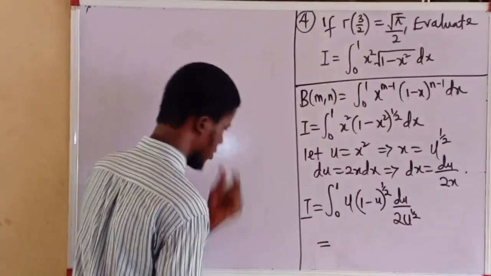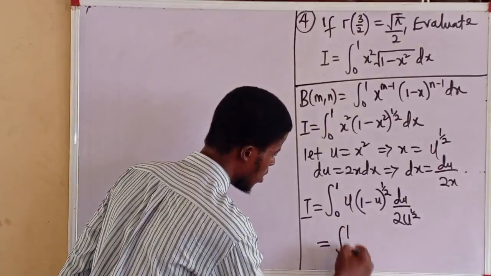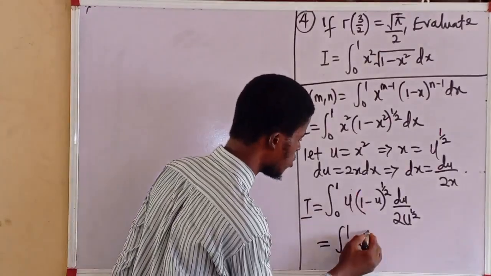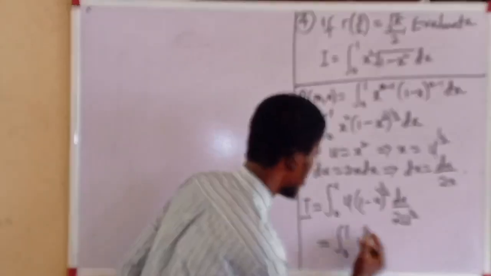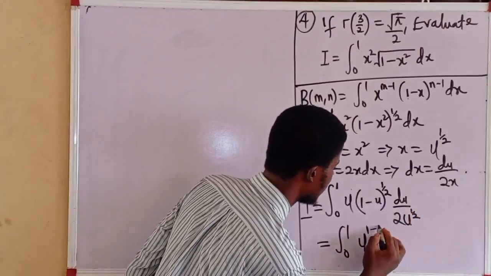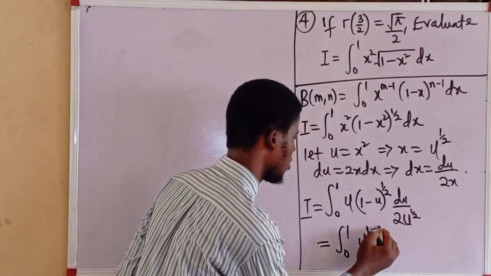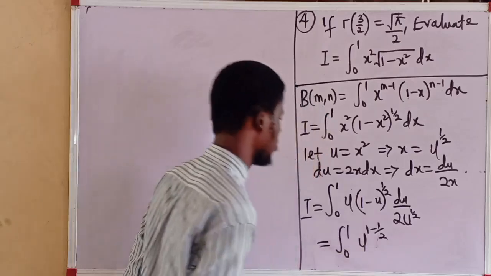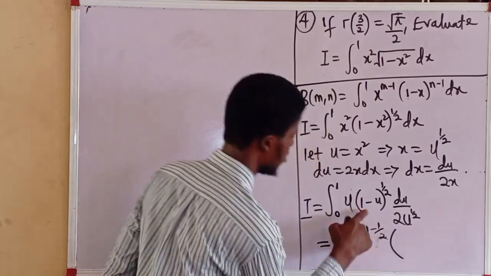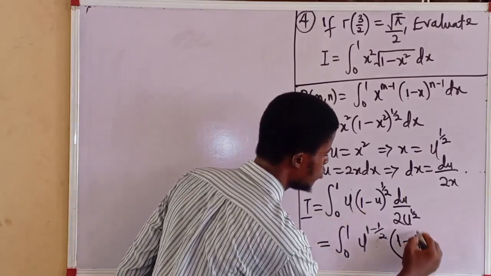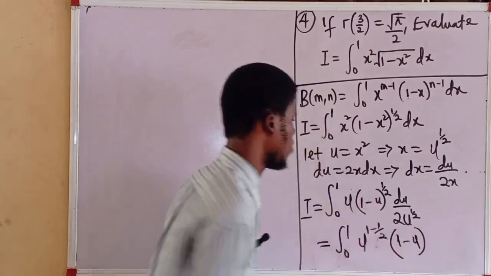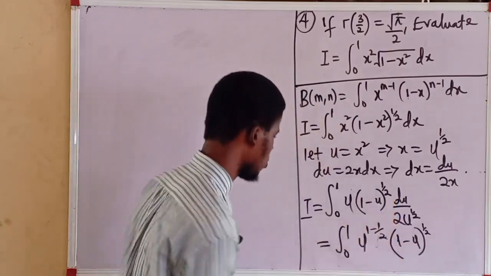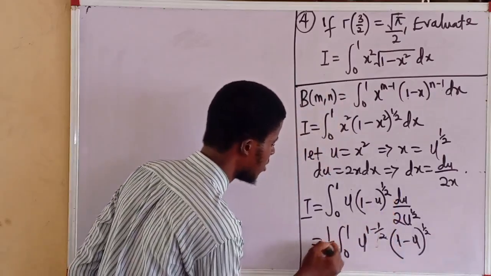So the integral is this, from 0 to 1. We have the power of 1 here for u. By the law of indices, I'll write 1 minus 1 over 2, then in brackets 1 minus u to the power of 1 over 2, then du over 2. Let me bring 1 over 2 outside.